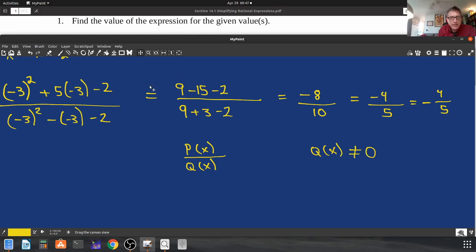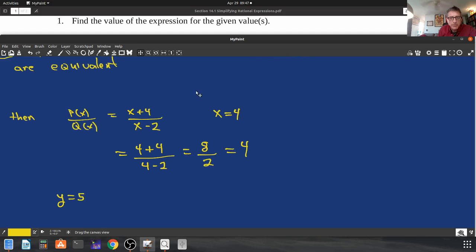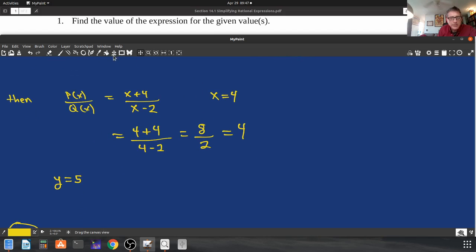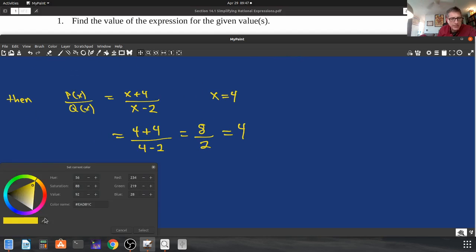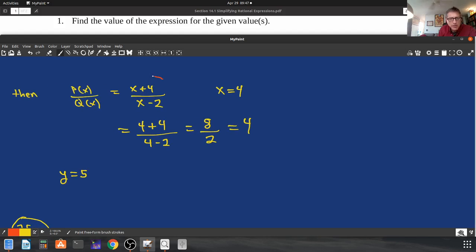So let's go back to our very first example, a really simple one, and let's try to evaluate it when x is equal to 2. I hope you can read that.